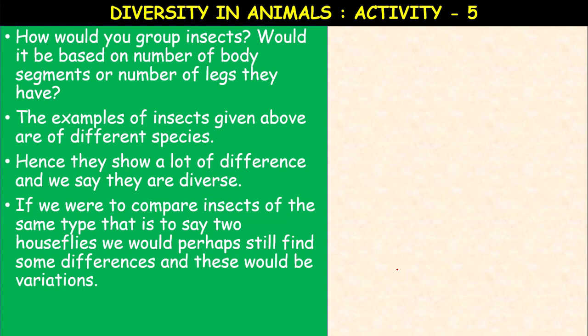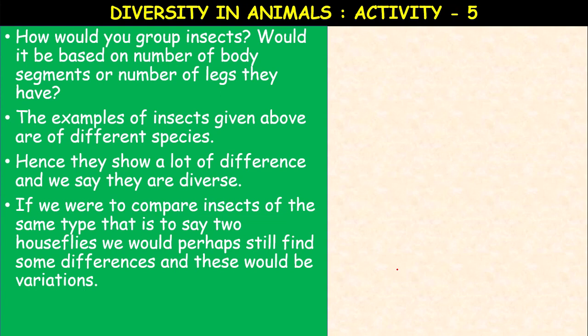Okay, if we were to compare insects of the same type, that is to say 2 houseflies, we would perhaps still find some differences, and these would be variations. So close matching. You can observe 2 cockroaches, 2 mosquitoes, 2 butterflies.